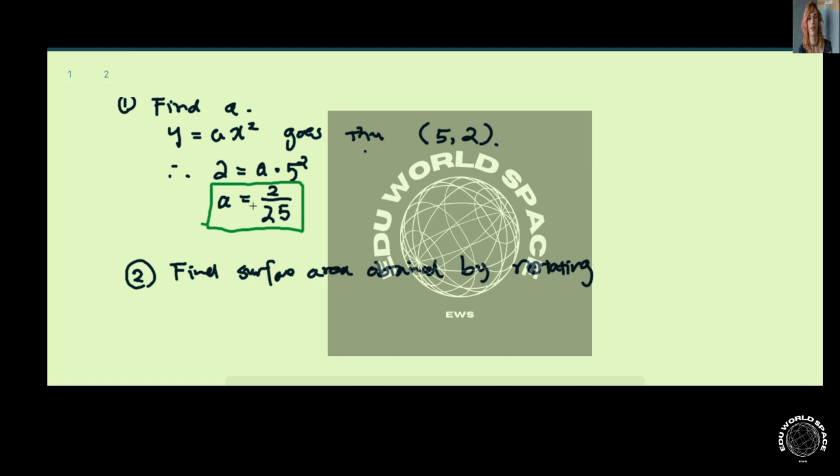Well, we found out the curve is actually y equals 2 over 25 x squared, right? Because we found what a is.